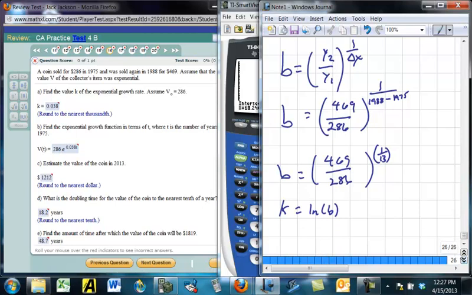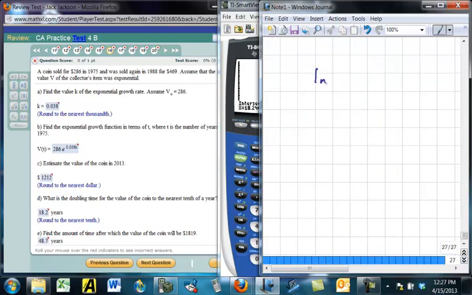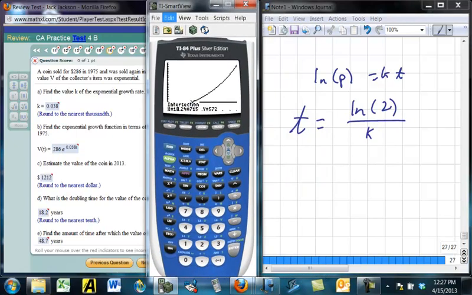Okay, but I can also do it as, remember the ln of p equals kt. So if we want the doubling time, that's ln of 2 divided by k, what I've got stored is k. This is if we don't round it off. So here's the x that we just came up with there. If we don't round it off ahead of time, it's ln of 2 divided by the k value we came up with.